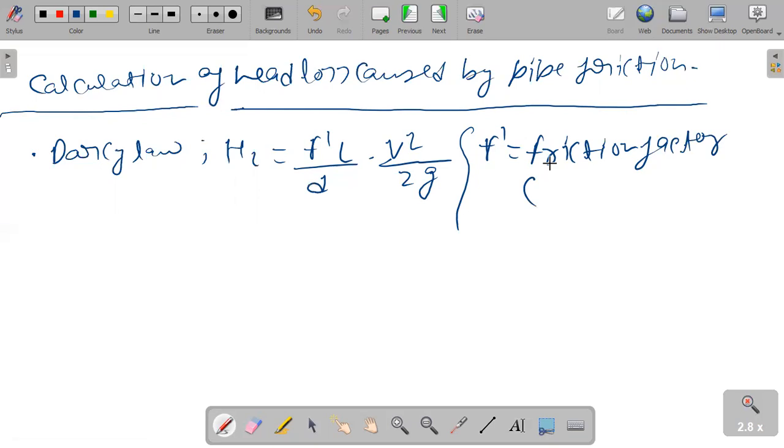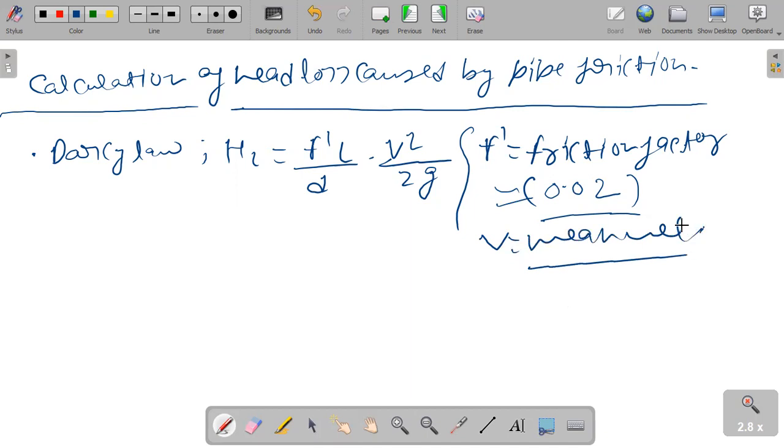Its value is approximately 0.02, and most of the time its value is equal to 0.02. V is our mean velocity. So this is about Darcy's law, and our next thing is Manning's formula.